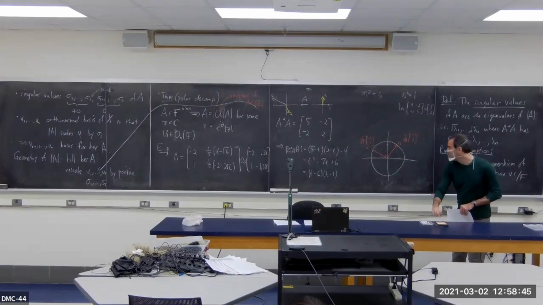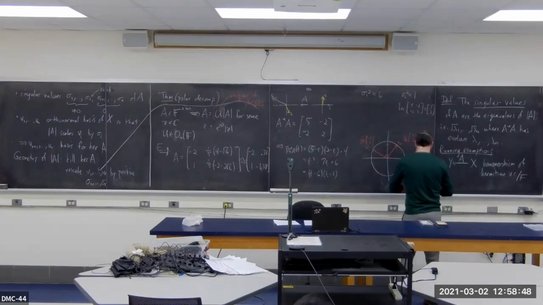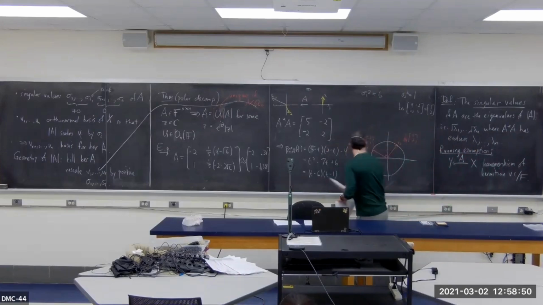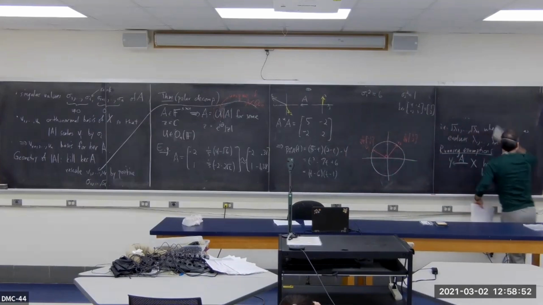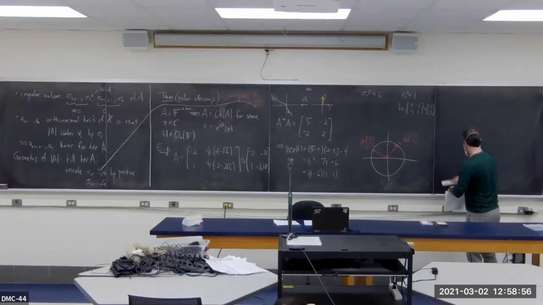Okay. Now, what is A V1? When you apply A to V1, what you get is some big mess involving square roots of 6. I'm just going to tell you what the answer is.